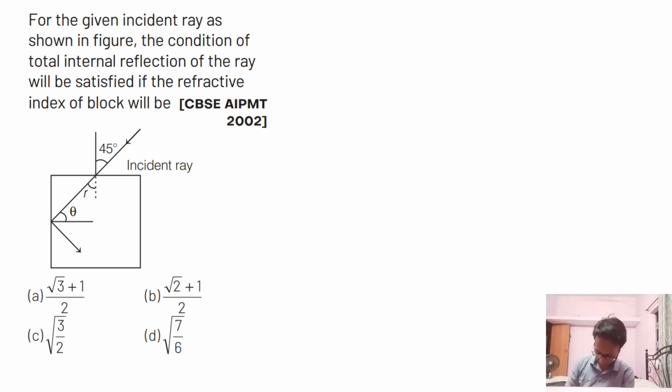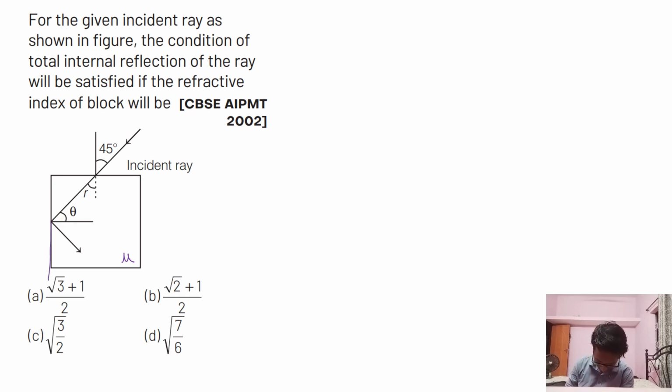Now let's read this question. This question says that for the given incident ray as shown in figure, the condition for total internal reflection of the ray would be satisfied if the refractive index of the block. That means just at the start of total internal reflection. So at this surface, total internal reflection should be there. Just at the start of total internal reflection, where would the ray go?